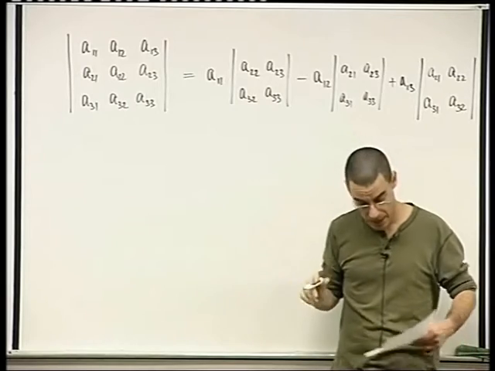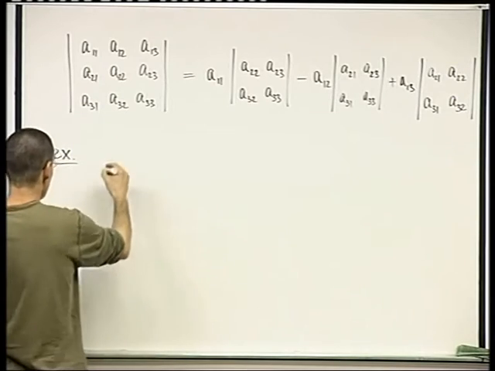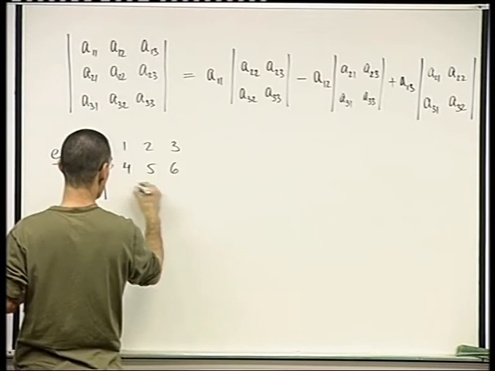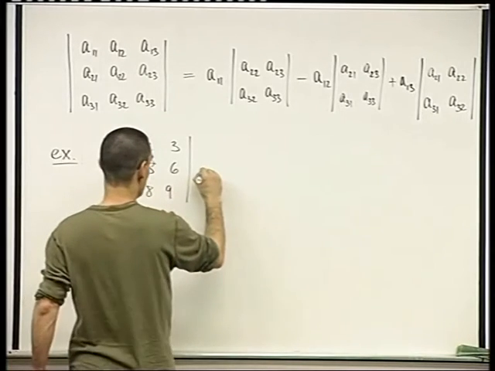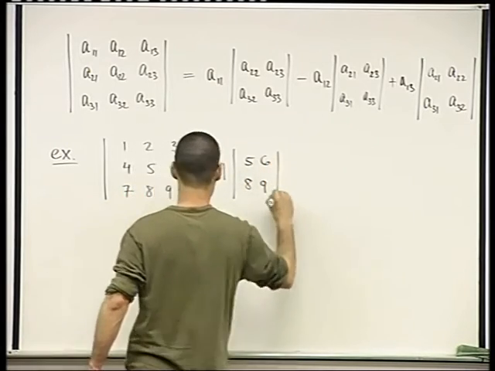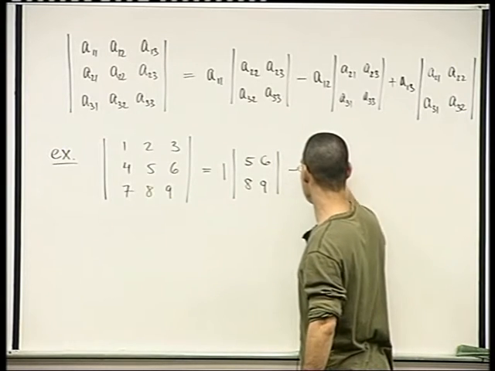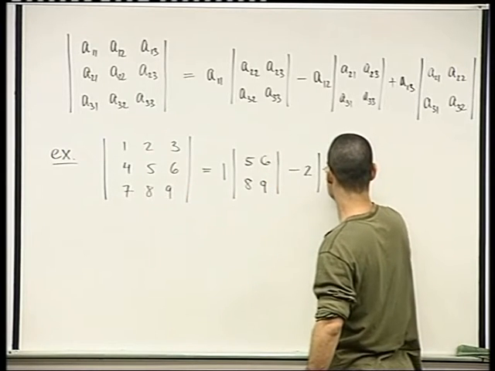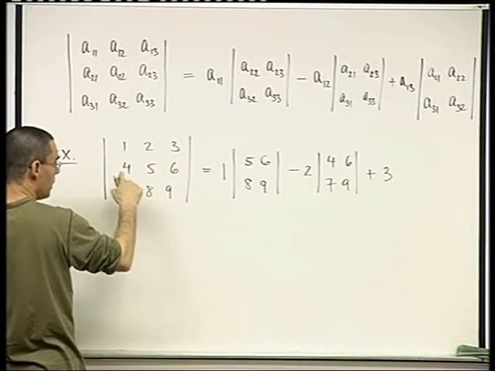Okay, that's the idea. So first of all, let's do an example to see that we're on top of things. What's the determinant of the matrix 1, 2, 3, 4, 5, 6, 7, 8, 9? So it's going to be 1 times the determinant of 5, 6, 8, 9, minus, interchanging signs, 2 times the determinant of 4, 6, 7, 9, plus 3 times, cross out row and column, 4, 5, 7, 8.